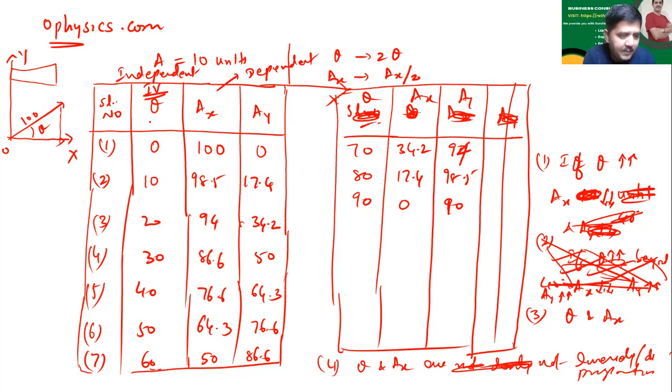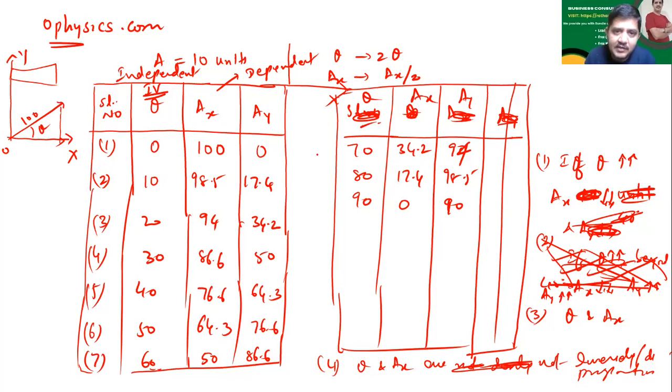Remember, in every experiment, let it be physics, sociology, political science, whatever experiment you do, there should be 3 kinds of variables. First is your independent variable, which you can vary at your own will. The second is your dependent variable, which is given by AX and AY, which depends upon the value of the independent variable.